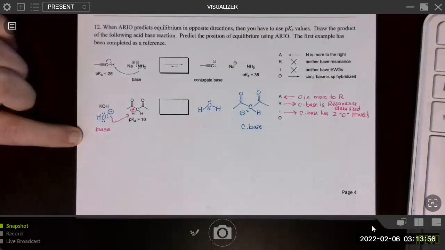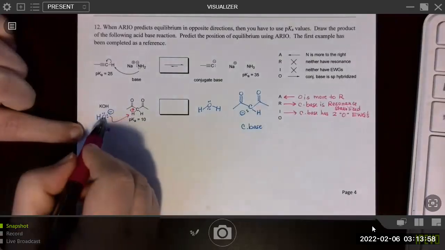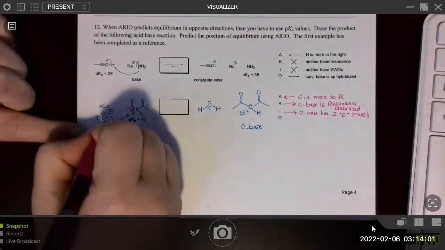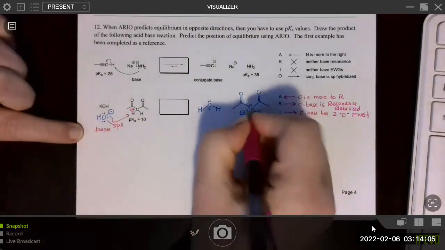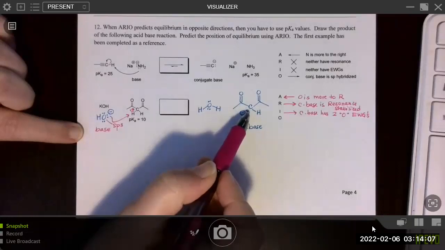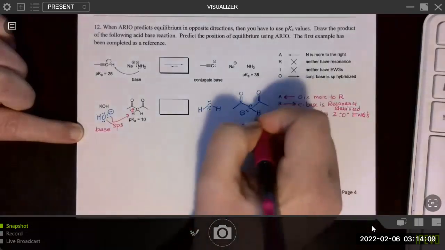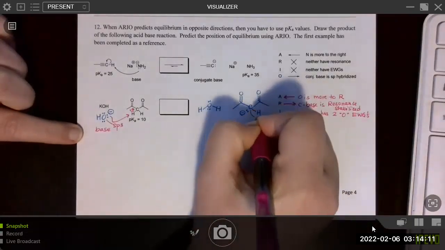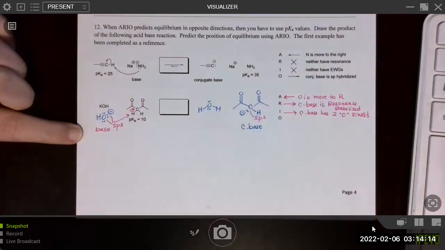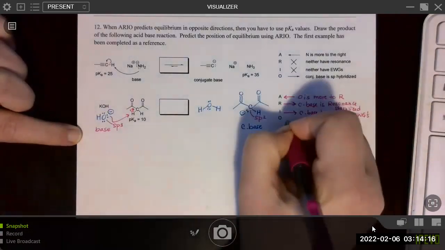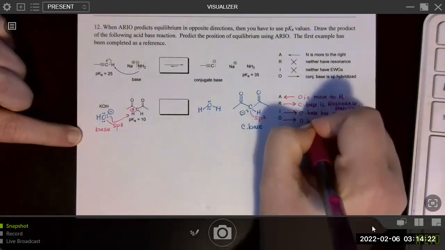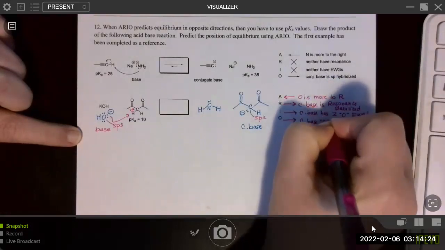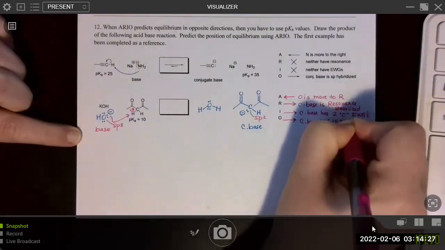Okay, and then let's see orbital. The oxygen here is sp3, and this one, because this lone pair is allylic, doesn't count towards the steric number, so this carbon is sp2. So we would predict going this direction, and we'll say the conjugate base is sp2.